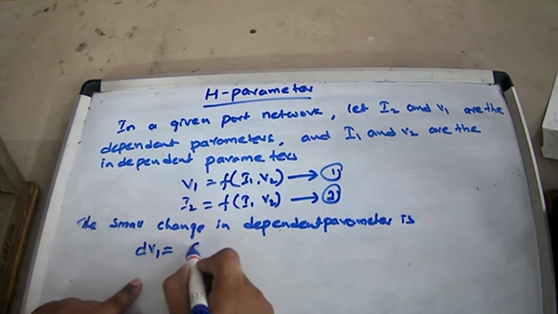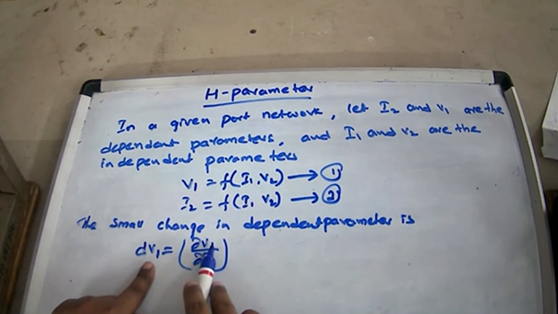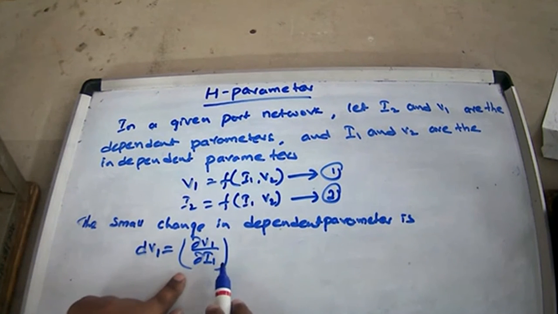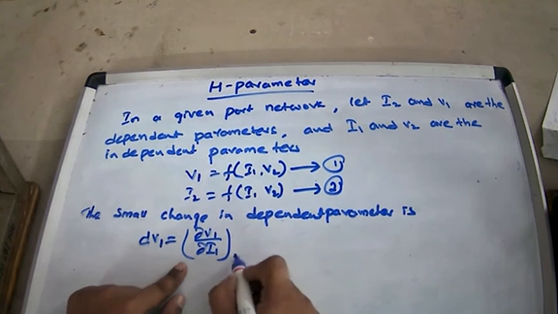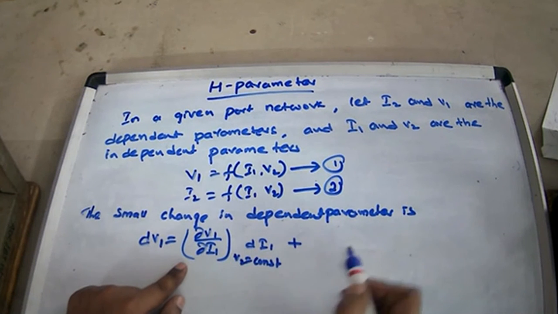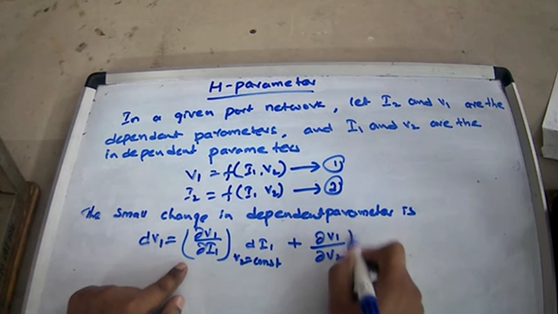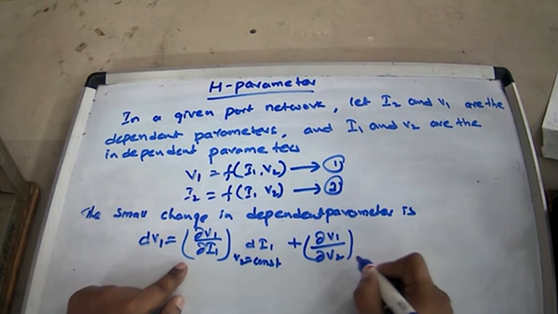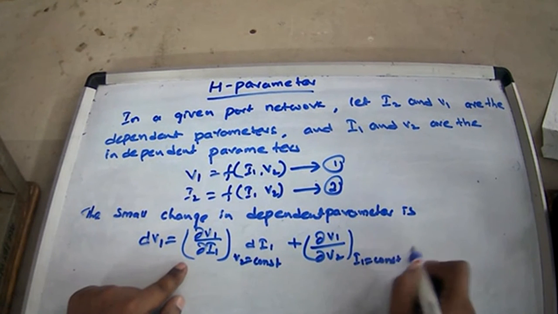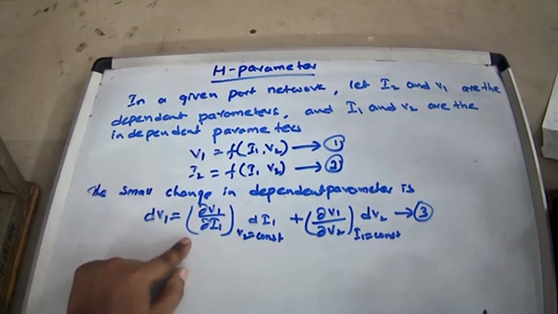So the rate of change with the partial derivative dou V1 by dou I1. Why we are taking V1? V1 is a dependent function, and the independent will be taken in the denominator, dependent will be taken in the numerator, with the limit V2 is equal to constant, dI1 plus dou V1 by dou V2 with limit I1 is equal to constant, dV2. Say equation 3.